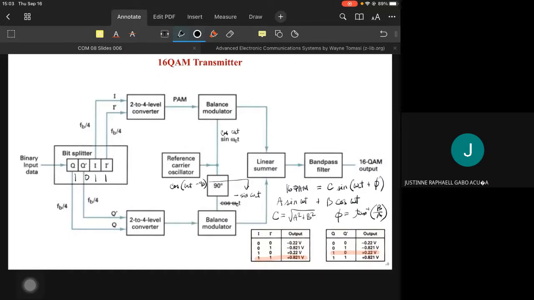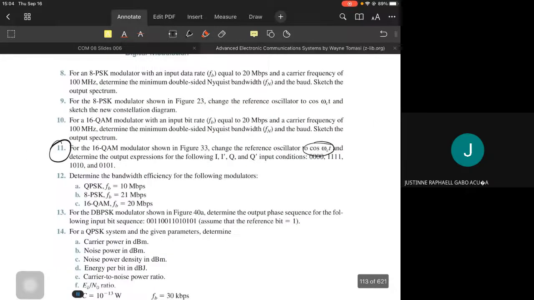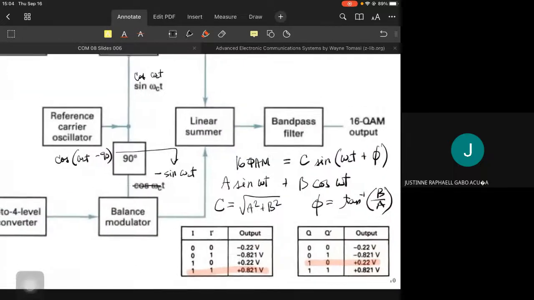That is if the reference carrier is now a cosine. This is question number 11: change the reference oscillator to cosine. It is easy, you can do it. Just practice, it is not exactly required.